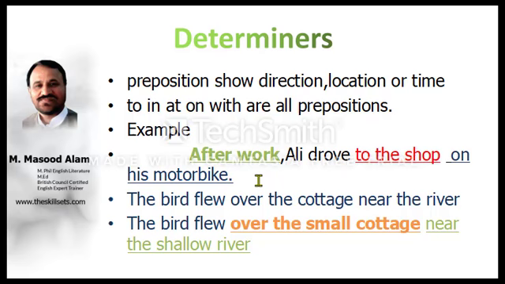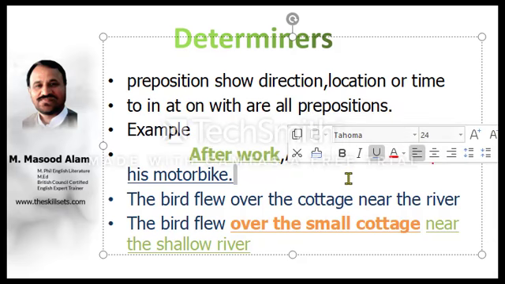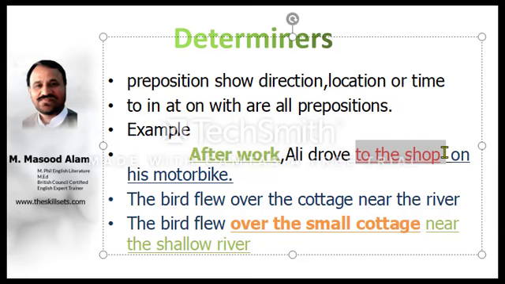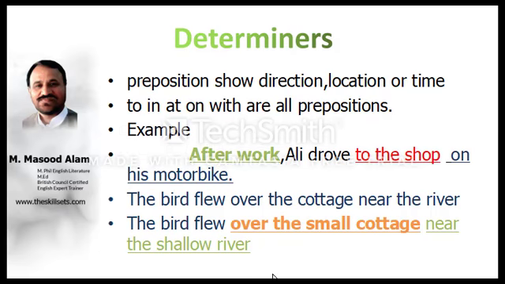After work, number one. Next is to the shop, number two. And on his motorbike is the third prepositional phrase in the sentence. So from this sentence we can conclude that we can use more than one prepositional phrase in a sentence to convey our complete message.